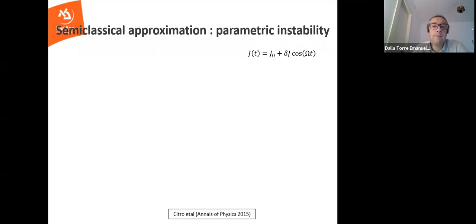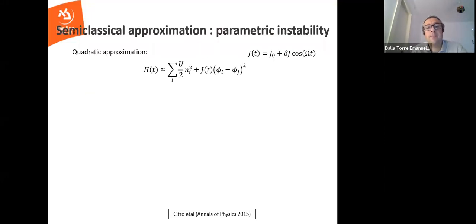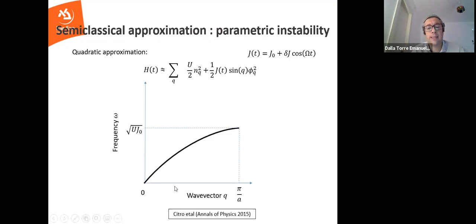Okay, good. So the first method is just based on a quadratic expansion. You take your cosine and expand it quadratically. So you get just a set of harmonic oscillators. Again, you go to Q space, so these are just a set of harmonic oscillators in Q space. For each Q mode, you have a frequency. This is just the dispersion relation of the medium. And you see that there is a bandwidth.